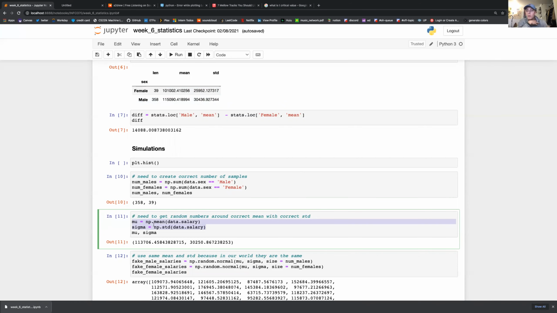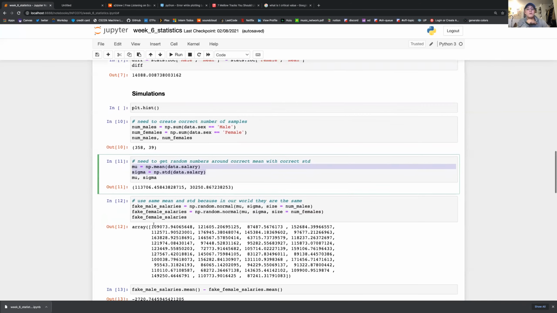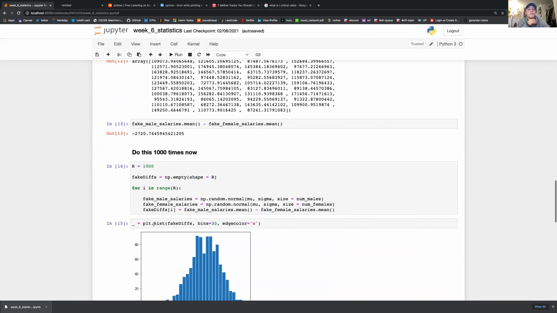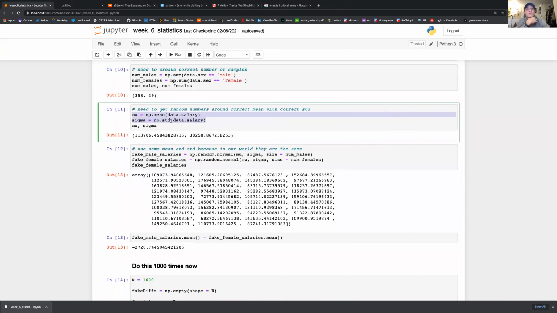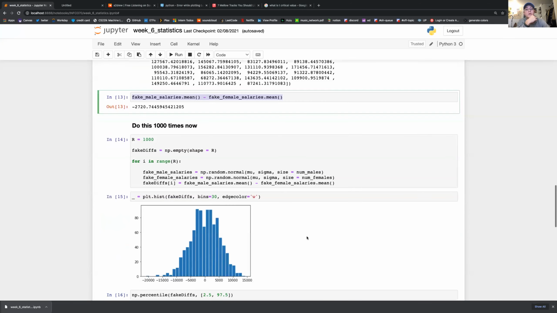You may ask, why would we do this? Well, if we do this, say, 1,000 times, where we create some random numbers with the same mean and standard deviation, and then check their difference, we can plot that difference on a histogram.